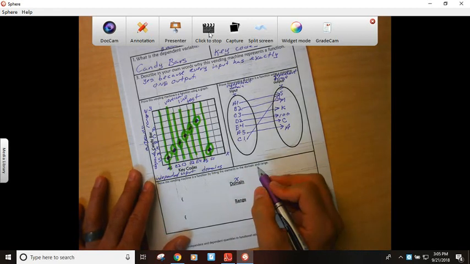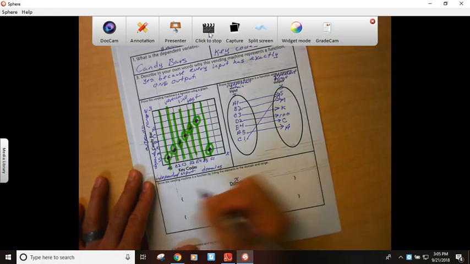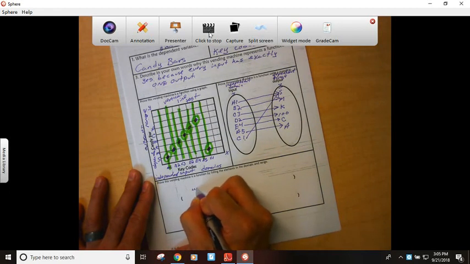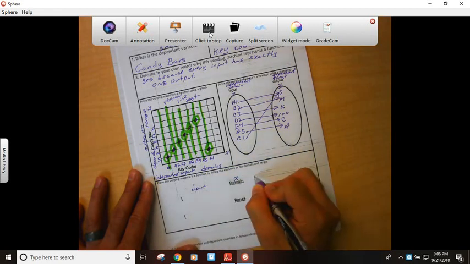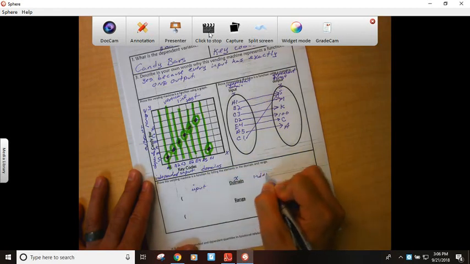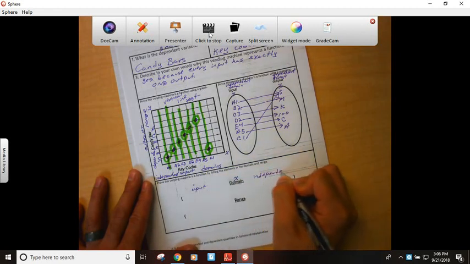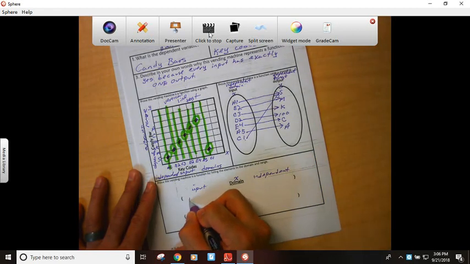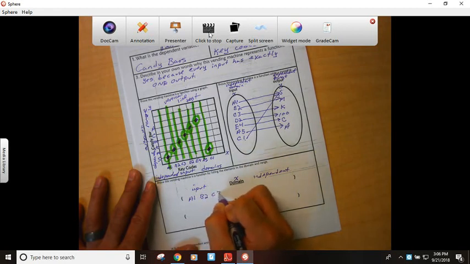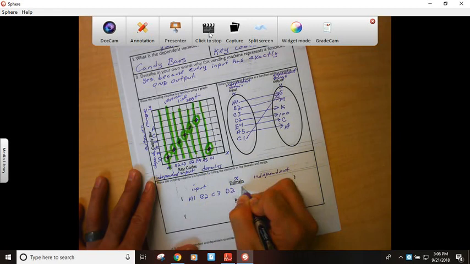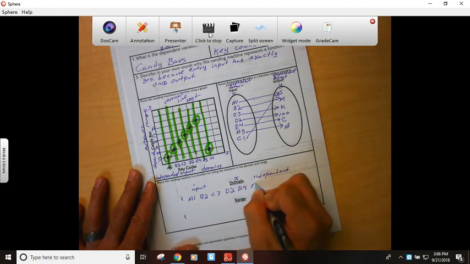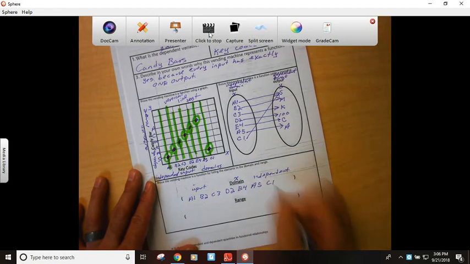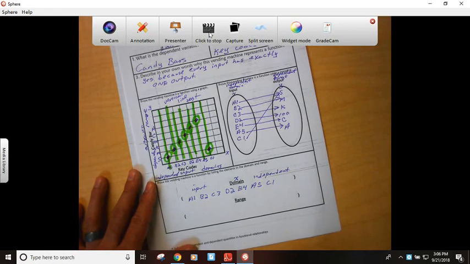We can also call them your inputs, and they can also be called the independent variables. So we're going to list our inputs. Again, our key codes: A1, B2, C3, D2, E4, A5, and C1. Those were the key codes in the vending machine.